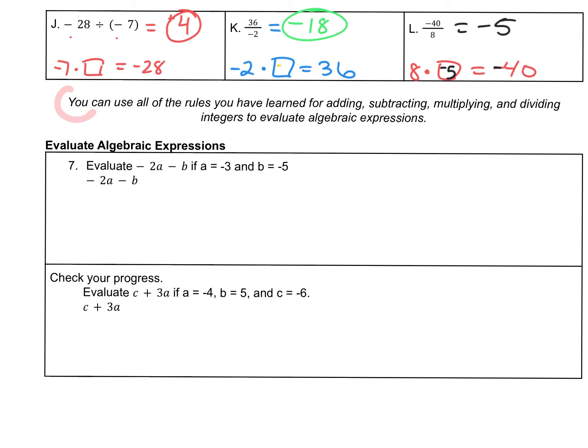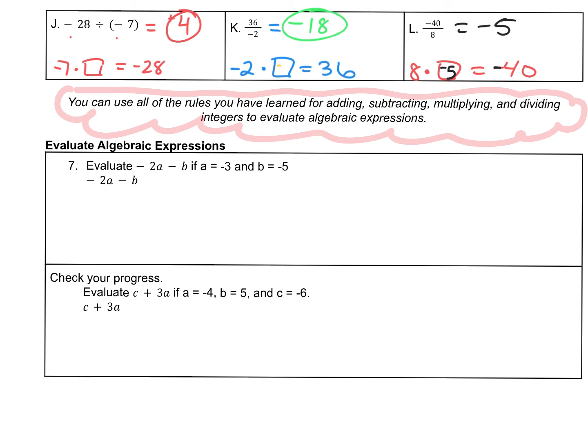So now we're going to take all of these rules that we've learned from adding, subtracting, multiplying, and dividing to evaluate algebraic expressions. So let's try this. Be patient with yourself. Pause and come back if you'd like. So we have negative 2 times a, which is negative 3, minus, notice it's a subtraction sign.